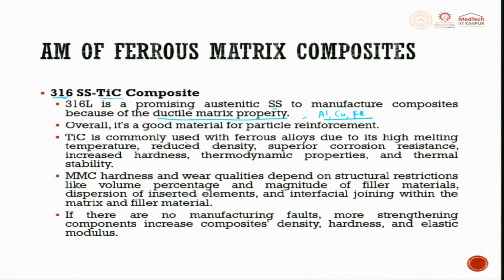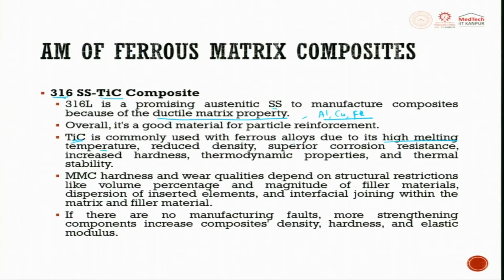TiC is commonly used with ferrous alloys due to its high melting temperature. TiC has high melting temperature, reduced density, superior corrosion resistance, increased hardness, thermodynamic properties and thermal stability. So, all these things are there.